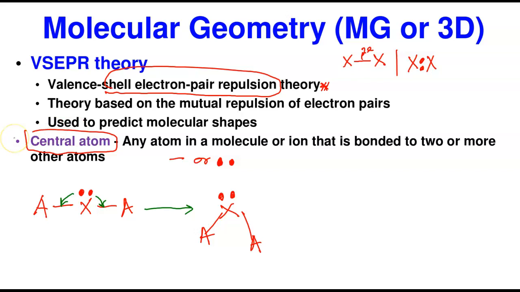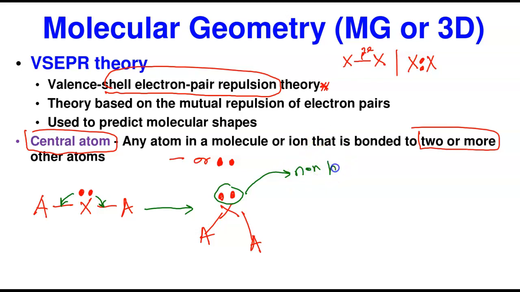What is a central atom? Any atom that is bonded to two or more other atoms is what we call a central atom. And just as a reminder, a pair of electrons that is not bonded is called a non-bonding pair.